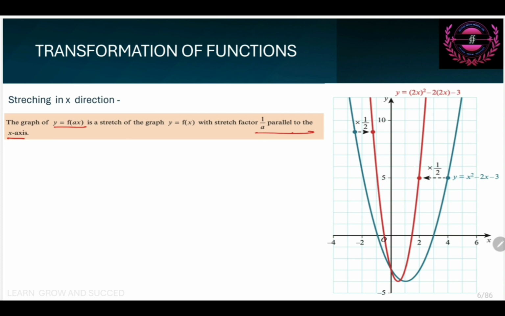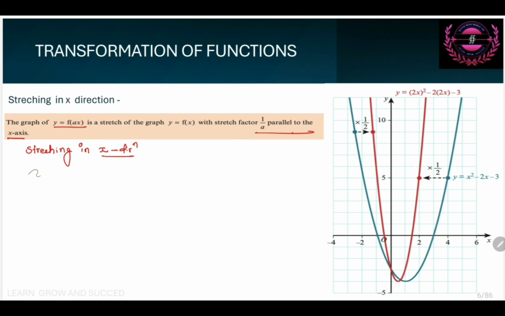See, in this graph we can directly say that if I am stretching a graph in the x direction, then definitely one thing is sure: I am going to replace x as I have done in translation.